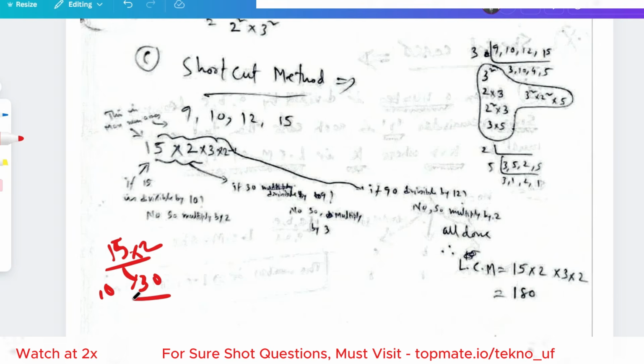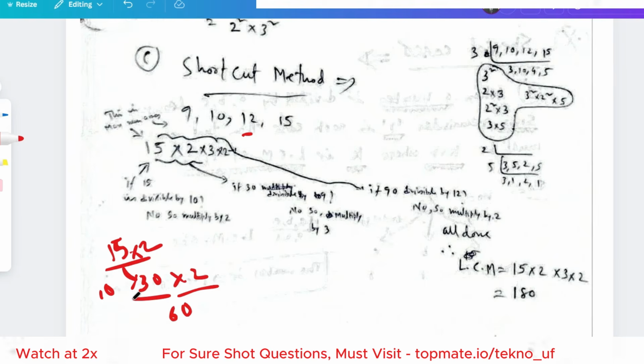No. So let's multiply this number with such a digit so that we get a multiple of 12. If we multiply this with 2, this becomes 60, so it is divisible by 12, 12 into 5, right?